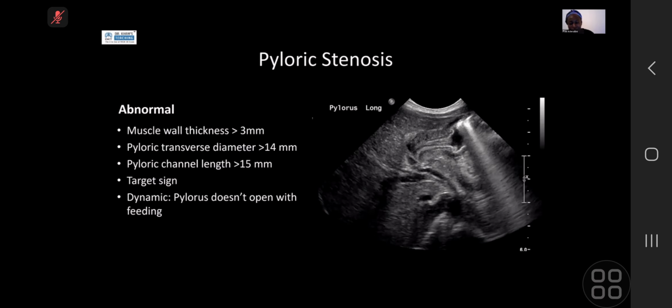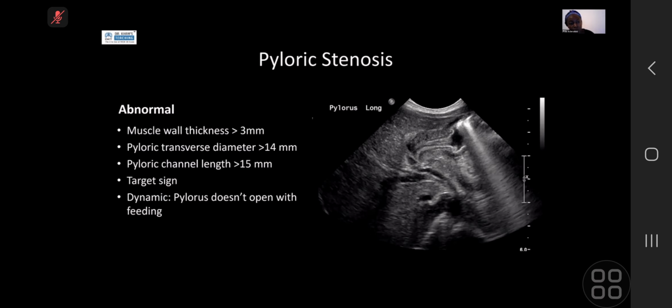If I've seen the pylorus open, that's fine, it's normal, move on. If I've not seen the pylorus open, I'll say this is towards the upper limit of normal, I've not seen the pylorus open, we should follow this up. So I'd repeat the imaging in a few days and have another look, because if it's pylorospasm, I shouldn't see an abnormal pylorus again on the second ultrasound.